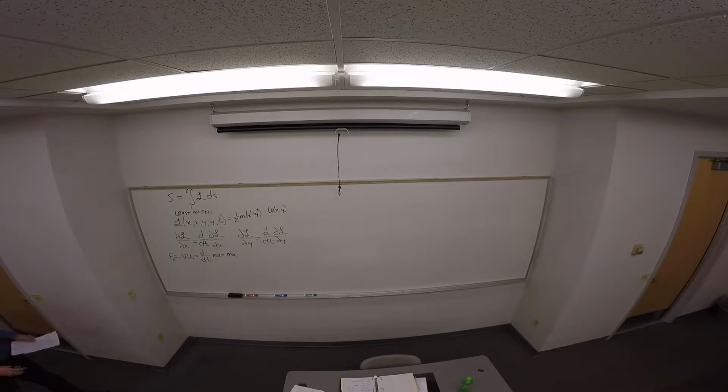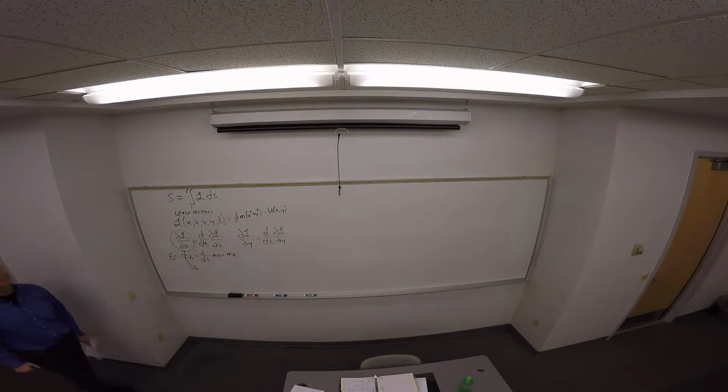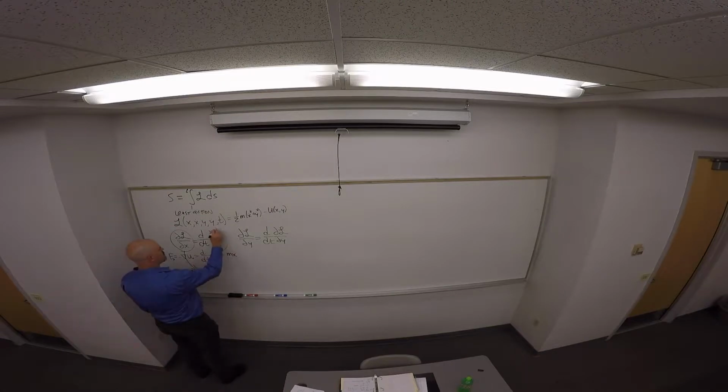And in fact, because of what Jonah points out, we have two different terms here. We have our differential of the Lagrangian with respect to x, and then we have d/dt of the differential of the Lagrangian with respect to y.